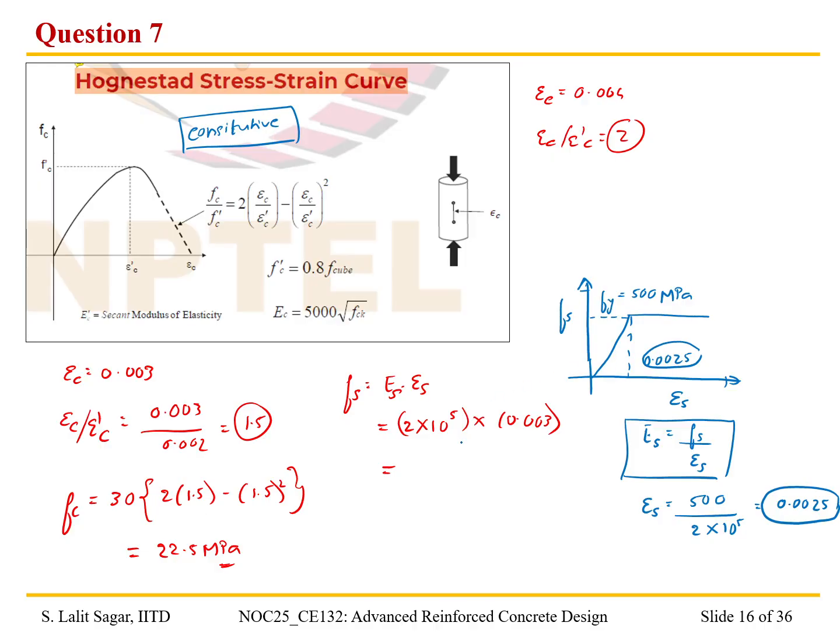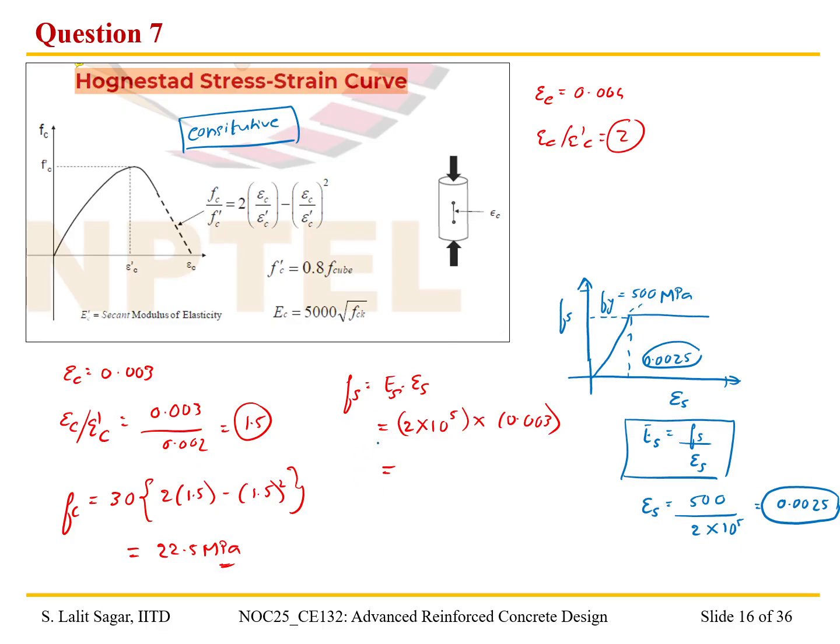But now let us get back to this equation. Up to a strain of 0.0025, this linear equation holds good. But any strain above this value of 0.0025 takes a value of 500 MPa, right? So it cannot exceed this straight line.